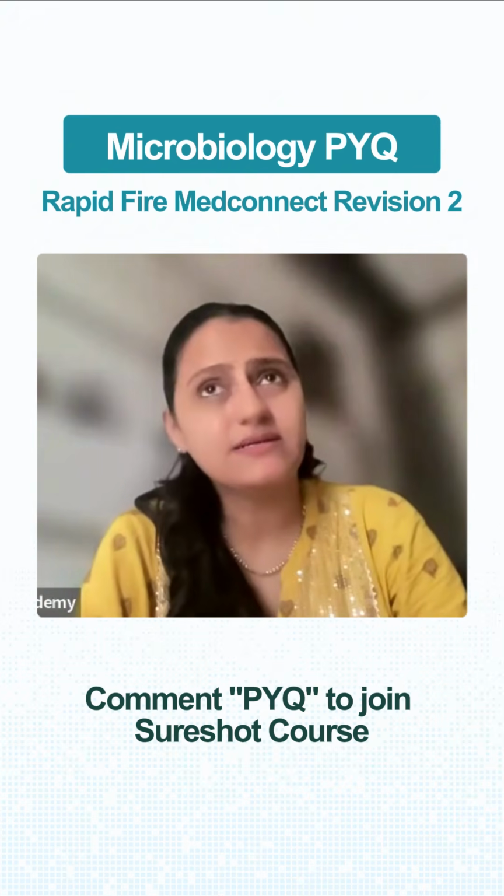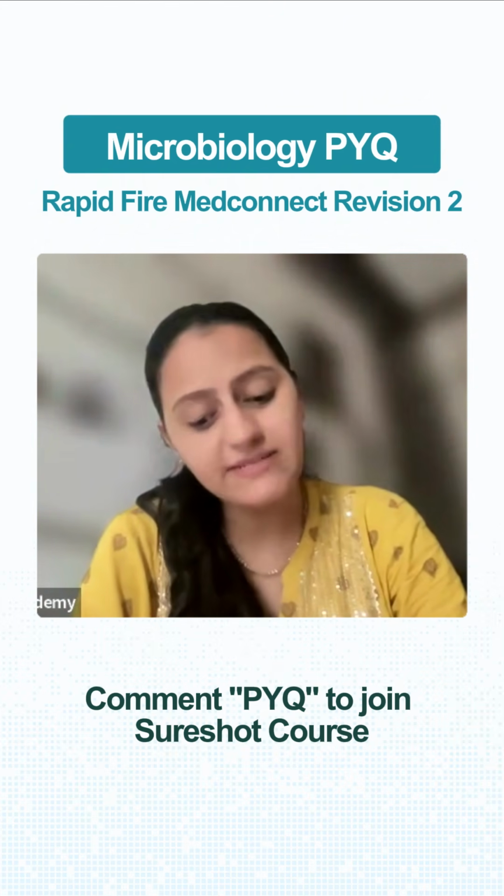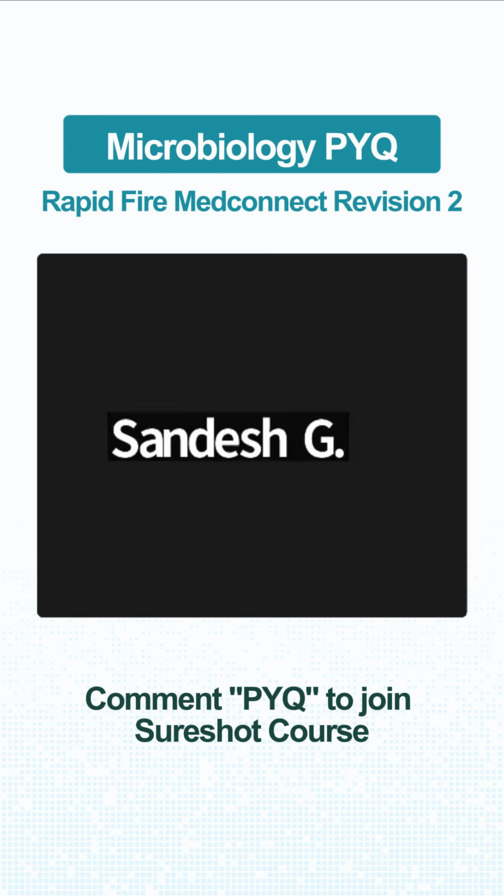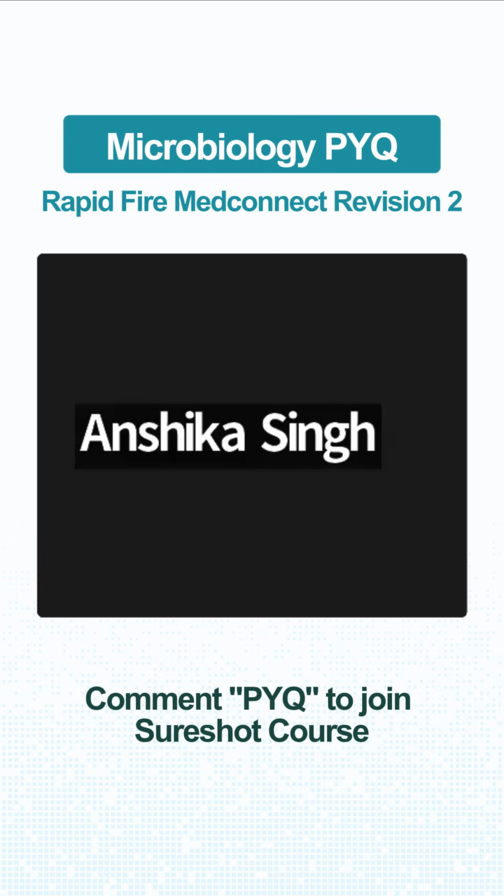Next one, which is the acid fast filamentous bacteria? Nocardia. Nocardia is acid fast, and Actinomyces is not acid fast. Which one is an anaerobe out of that? Actinomyces. Actino is anaerobic.